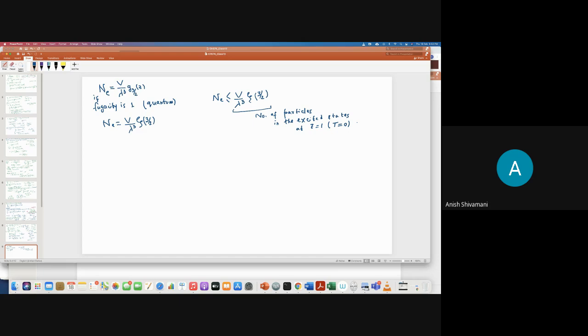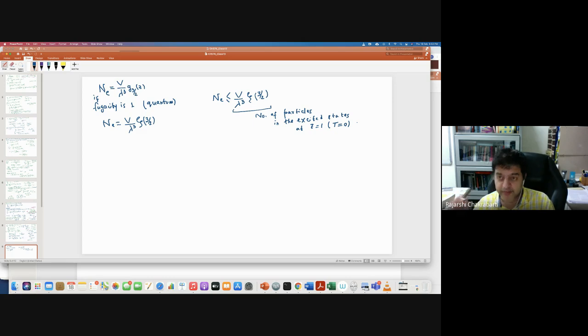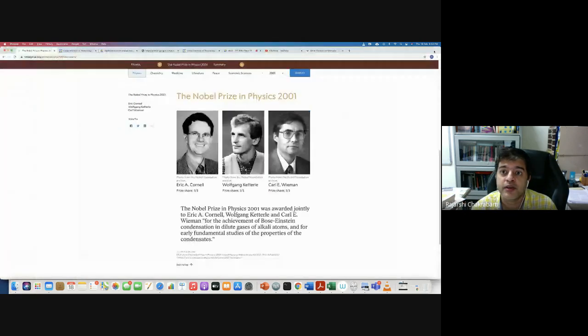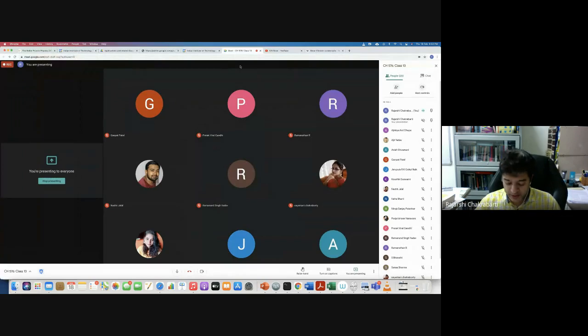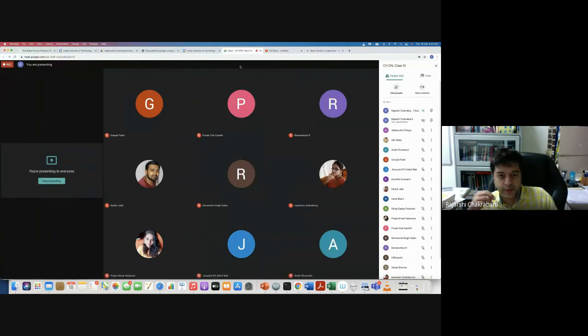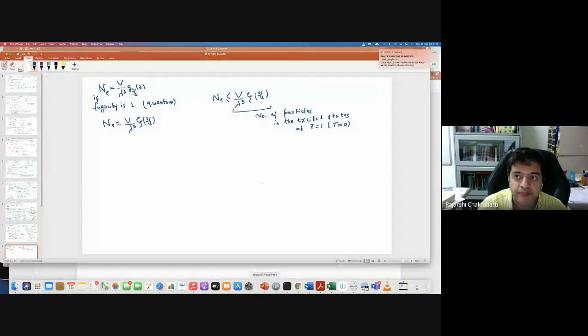So that is the least possible number of particles in the excited state, right? What are others thinking?